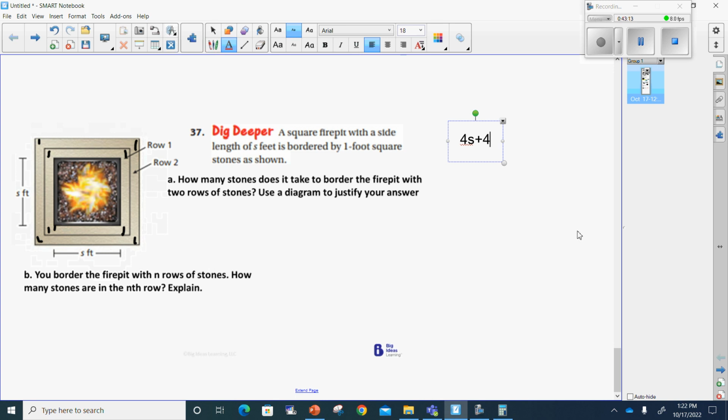1-foot square tiles, okay. Now we're going to have to do the same thing over to this one. So let's add. We have the same thing, plus we have, this is S, but we're adding 2 this time each side, right? So that's going to be 4 S's again.